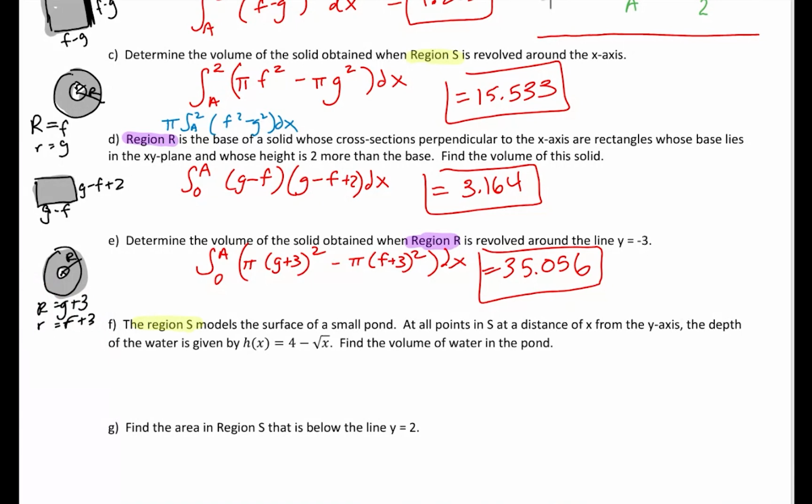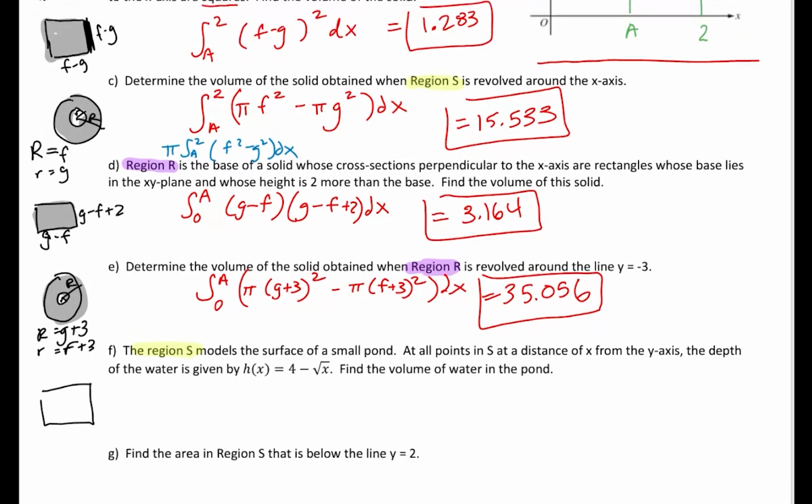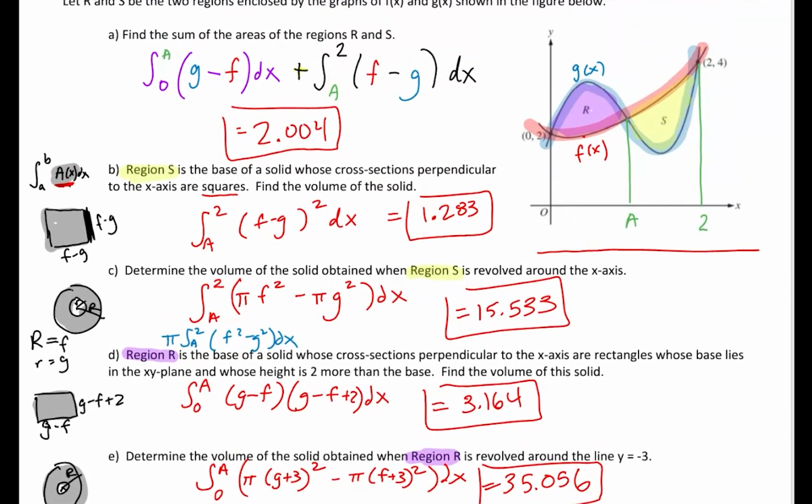Okay, so this is going to be another rectangle problem where the depth is given by 4 minus root x. So I've got this rectangle, and one of the side lengths is the distance between f and g. So with f being on top, g being on the bottom, this is going to be f minus g.